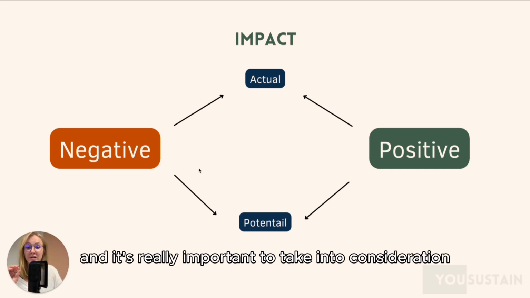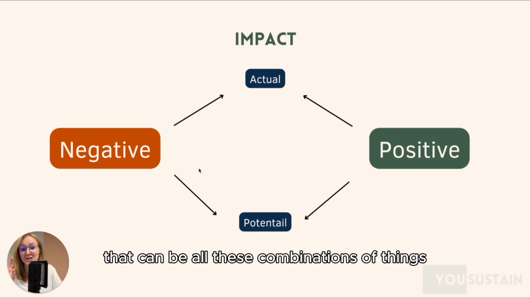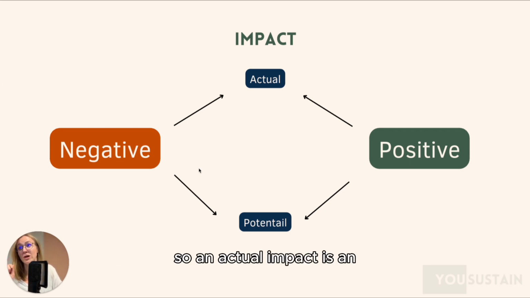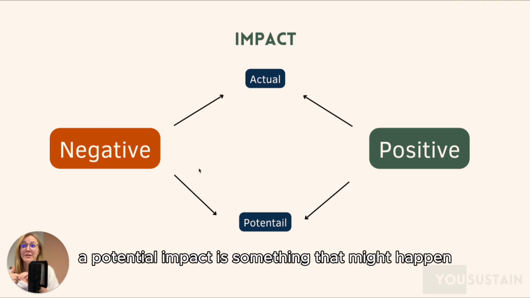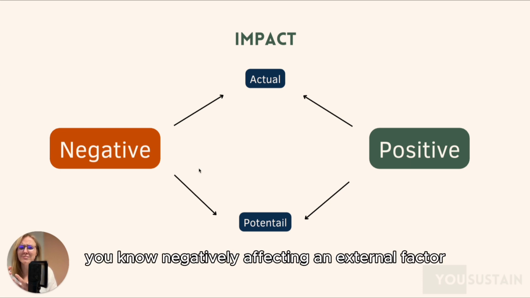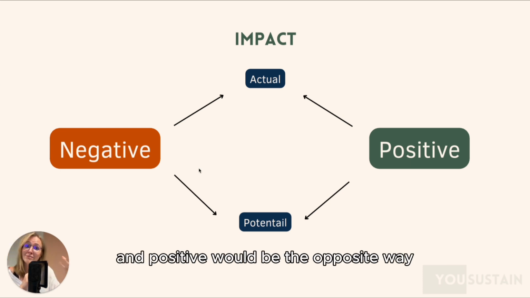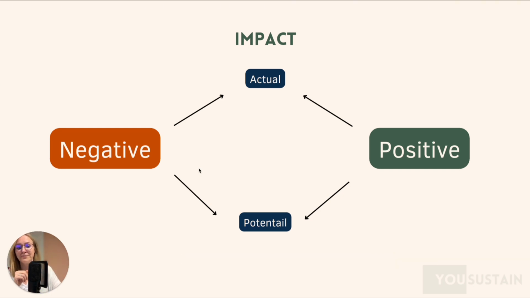And it's really important to take into consideration that there can be all these combinations of things. So an actual impact is an impact that is currently happening. A potential impact is something that might happen. And then a negative impact is negatively affecting an external factor, and positive would be the opposite, that it has a positive effect on external factors.